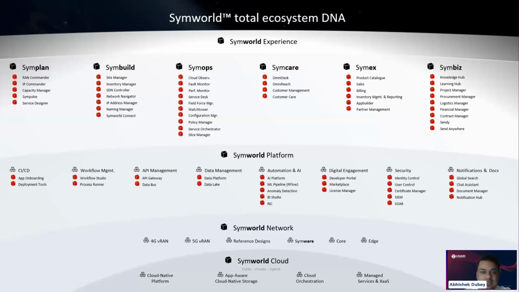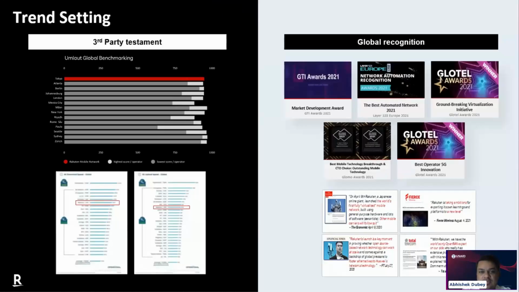Also, when equipment is there, you need to install it, so there is tracking of the installation and which material you have installed on the site. Each and everything is tracked and automated here through the SimWorld. That is how we are reducing the cost and also reducing the time for operators, and that is recognized by the different organizations that you can see here.